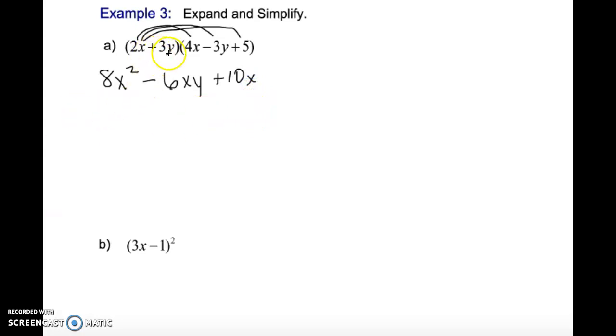Then we're going to have a look at the second term, the 3y, and we're going to multiply that 3y by each term in the trinomial as well. So 3y multiplied by first 4x is going to give us a positive 12xy.